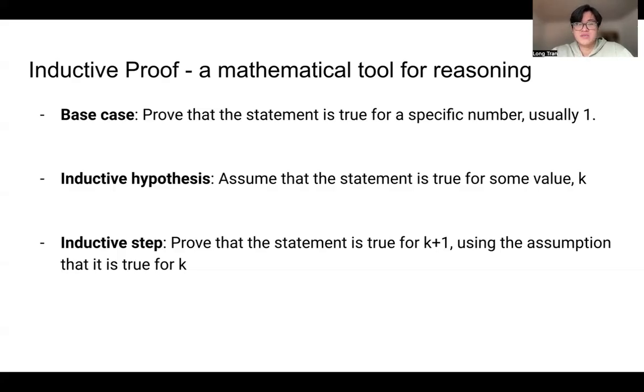These are usually easy cases that you can naturally see in simple cases. The second step is the inductive hypothesis: we assume that the statement is true for some value k. The last step is the inductive step: we prove that the statement is true for k plus 1 using the assumption that it is true for k.